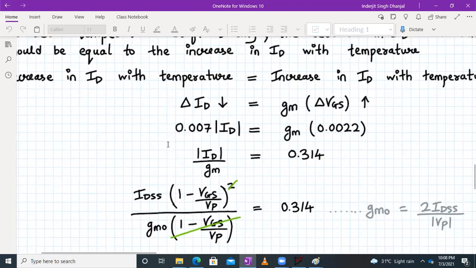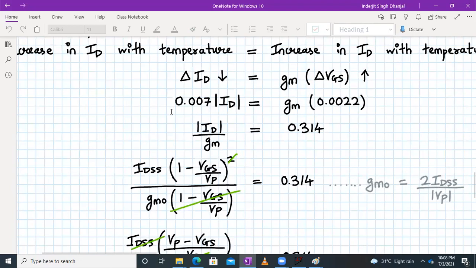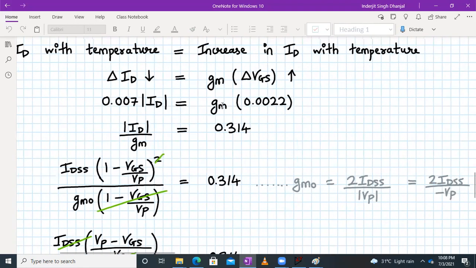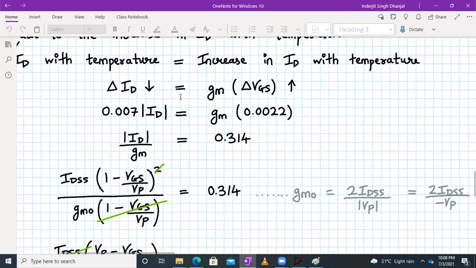Now there will be a decrease in the current, which is given by 0.7%, that is 0.007 times mod of ID. And here the change in VGS is 2.2 millivolt, so it is 0.0022 into GM.